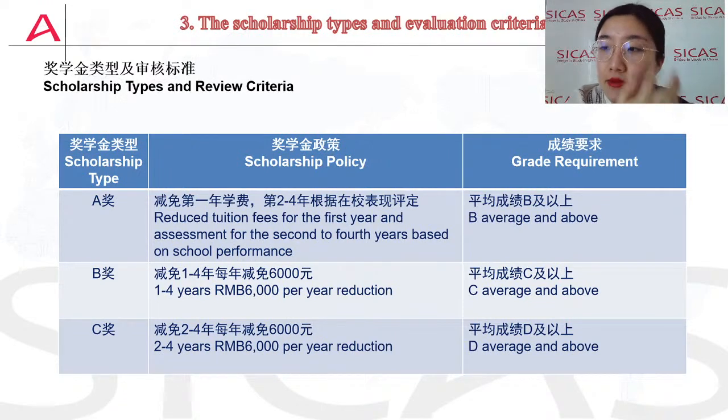And the B type scholarship is that you will get a $6,000 reduction all years, and the requirement is that you have C average and above. And the C type scholarship means that from the 2nd year to the 4th year, you have a $6,000 reduction, and your grades have to be D average and above.